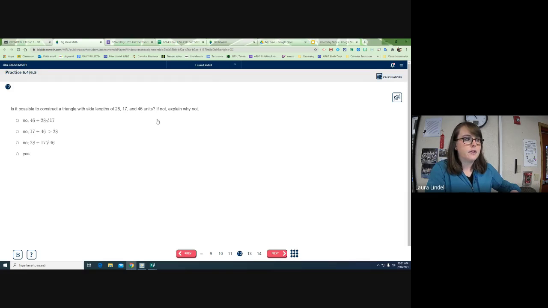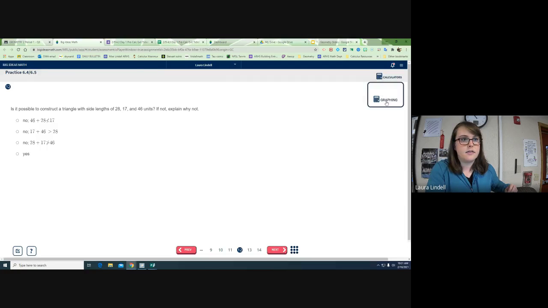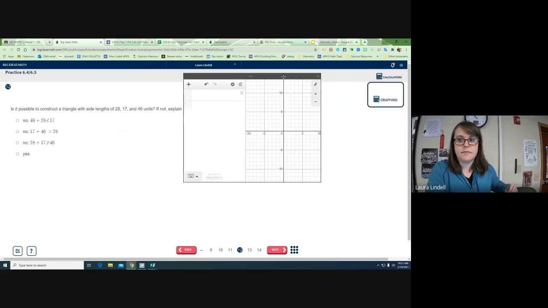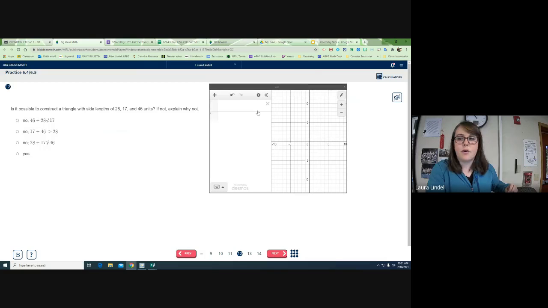Okay, so looking at this one, which two should I be adding together? Out of 28, 17, and 46, which two should I be adding together? 17 and 28. Yeah, because those are the smallest. You got to add the smallest.